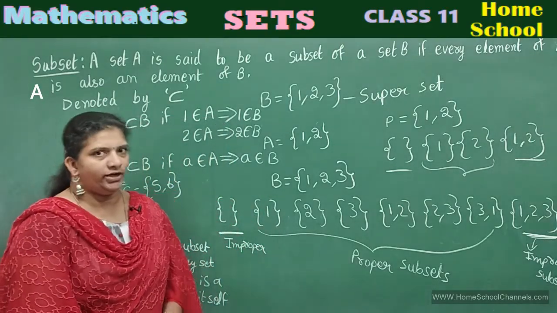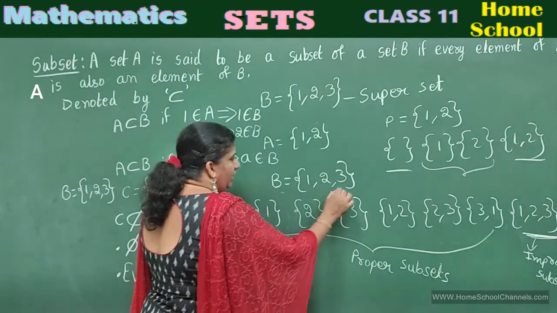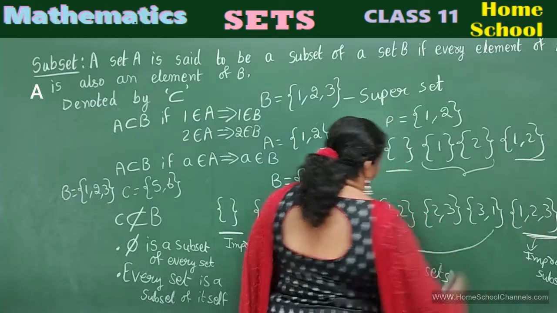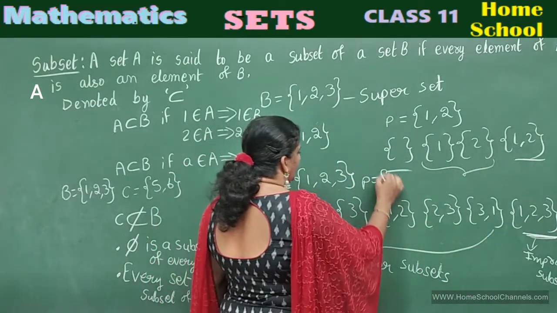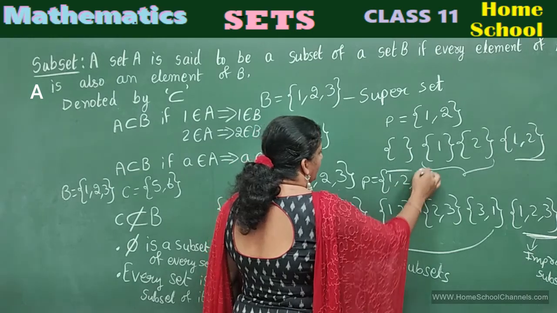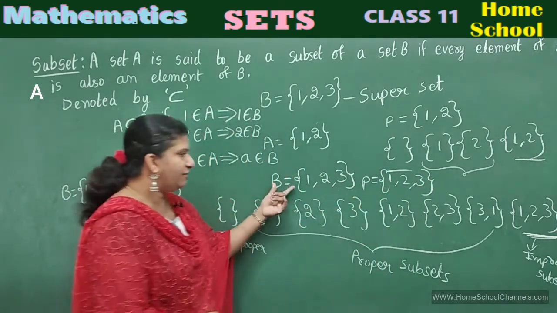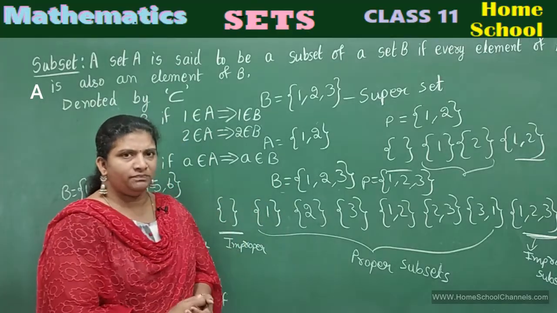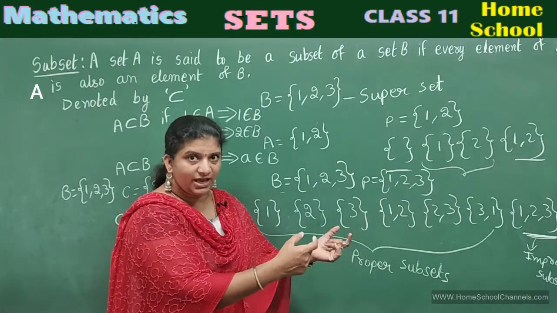Now, one more point I'd like to say. See here, B and this is a subset. Suppose I take P equal to {1, 2, 3}. Observe carefully, P set and B set. B is a subset of P, yes or no?